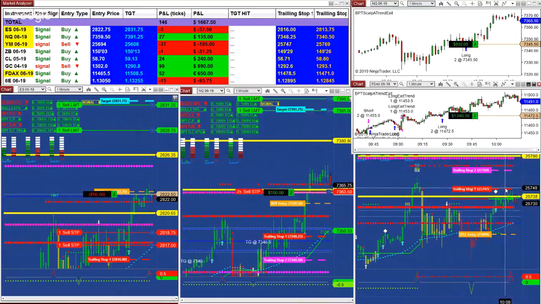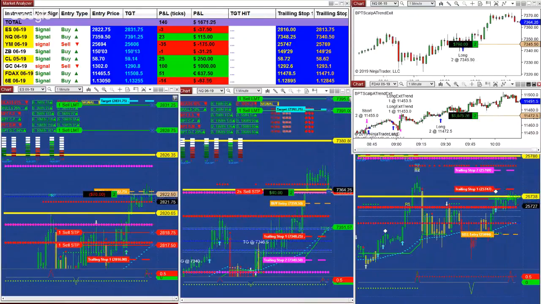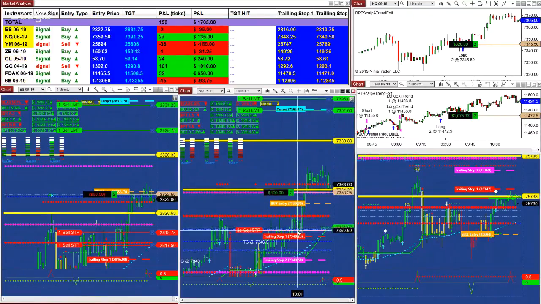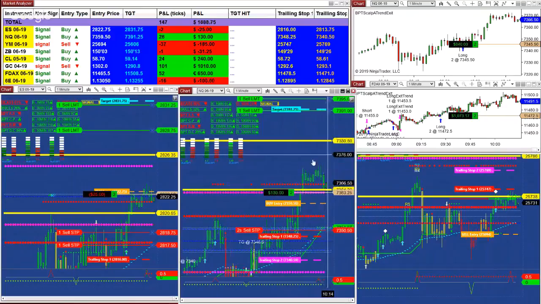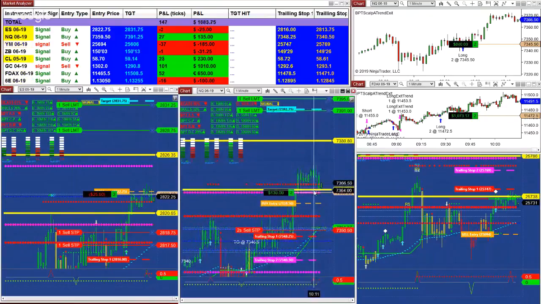We don't have an entry right now on the YM. If you have not entered the Nasdaq, this is a re-entry point right there.